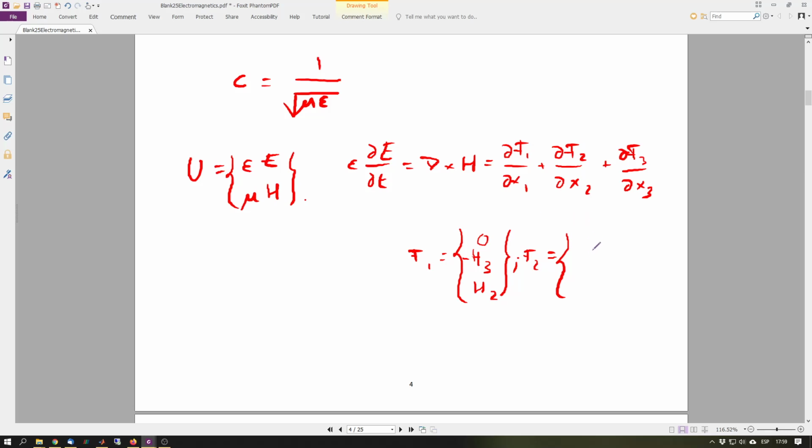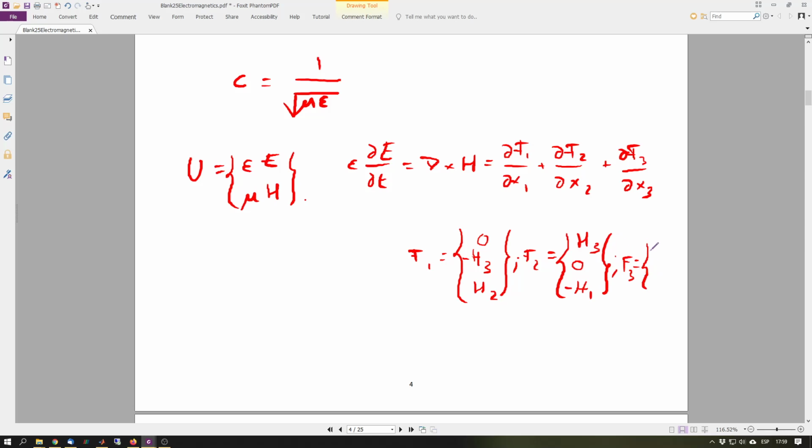For the first component, we will have h3 in here, and then with respect to the second component, we also will have a 0, and then the h in here, okay, and minus h1, okay, and then for the third component, something similar.